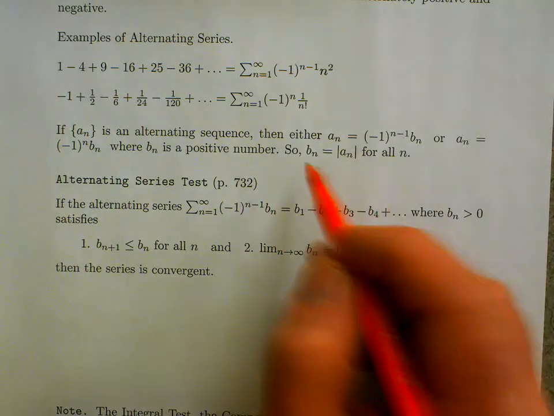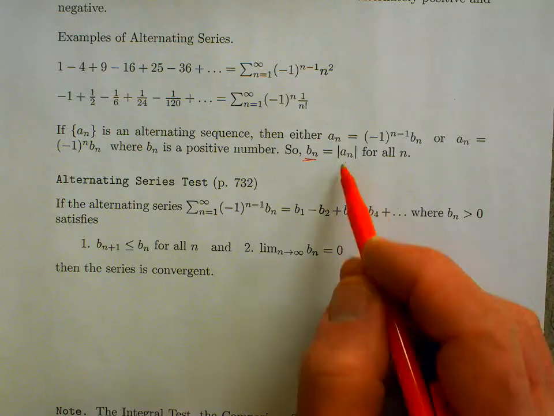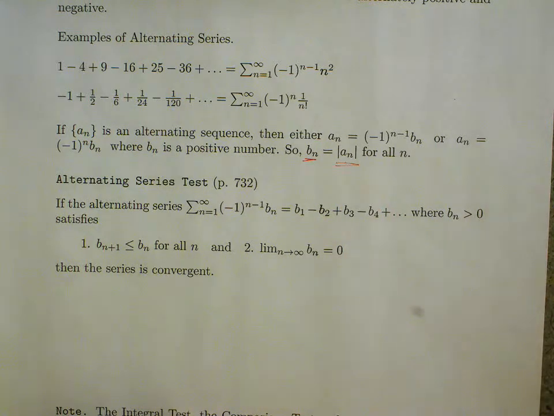And note that b sub n is just the absolute value of a sub n for all n.